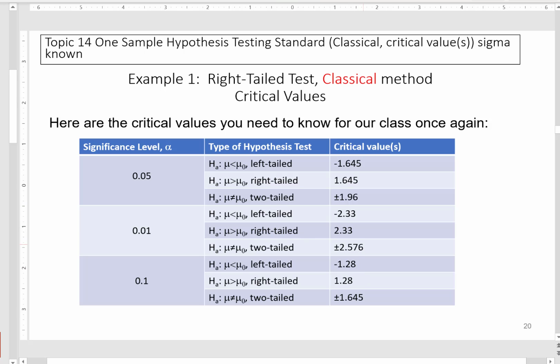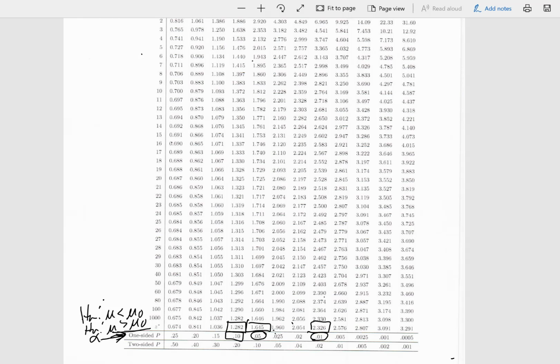And now how do we find the two tail? If I just wanted to have my student t distribution with me, well, I'd go to the two-sided probabilities, or the alphas, right here. So for a two-sided, that is, my alternative is mu just doesn't equal a value, and I'm looking at 0.05 significance level, well, it's 1.96. For a 0.01 significance level, it's 2.576.